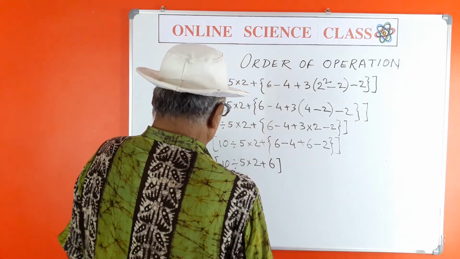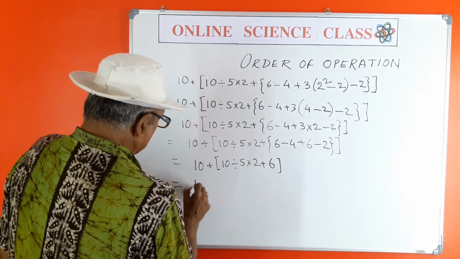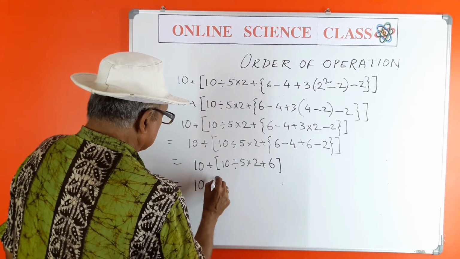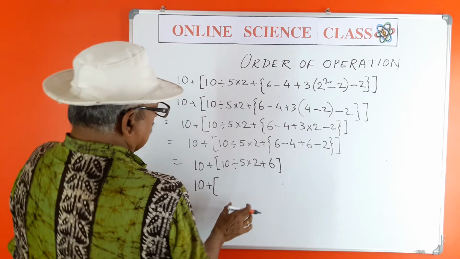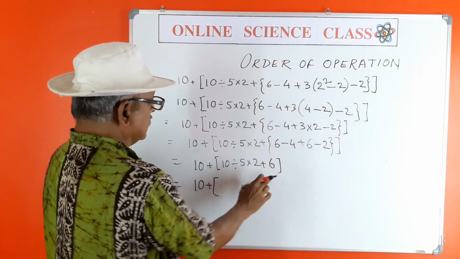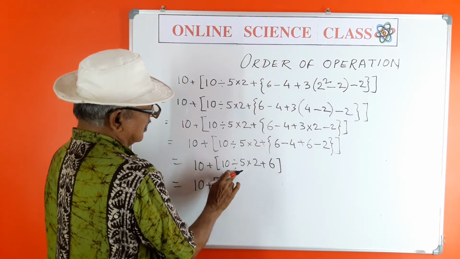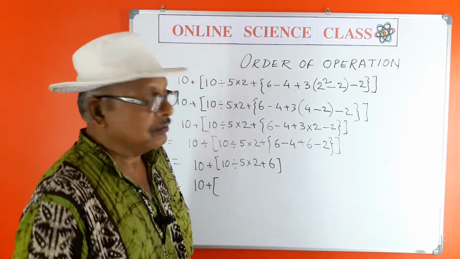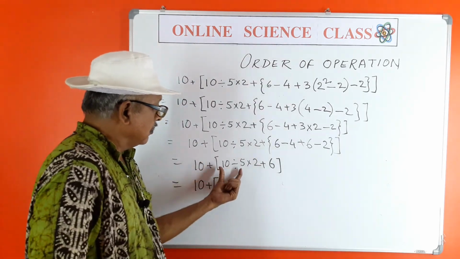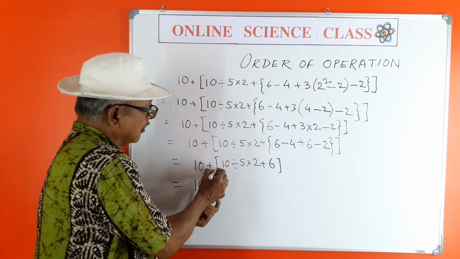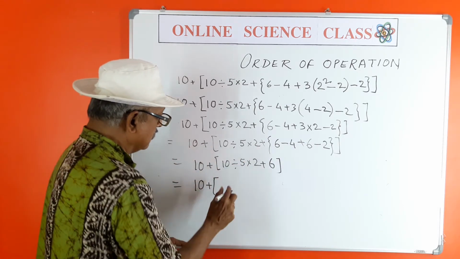So third bracket. Now 10 plus, here this is addition and this is division and multiplication. We have to do first, looking from left to right, the division first.